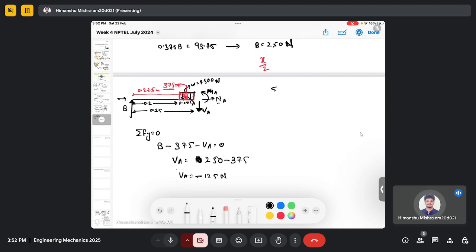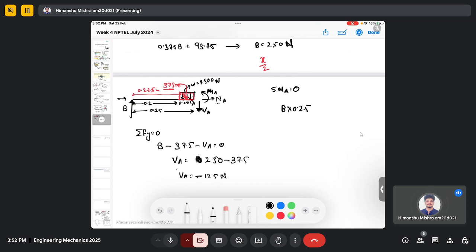So if I do the moment balance analysis at point A equal to 0, I will have a moment due to reaction force B in a clockwise sense, and clockwise is positive. So it is B times 0.25.